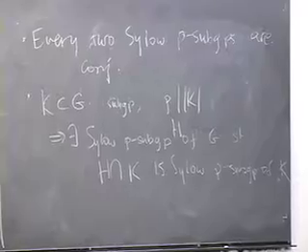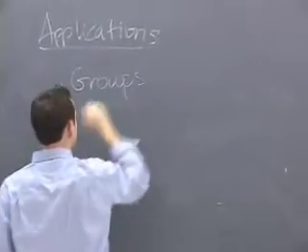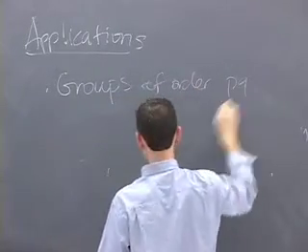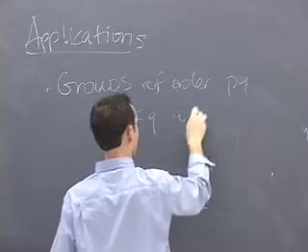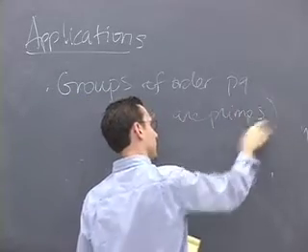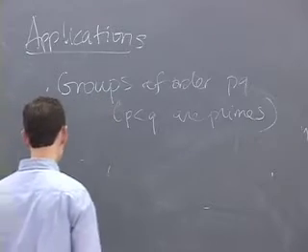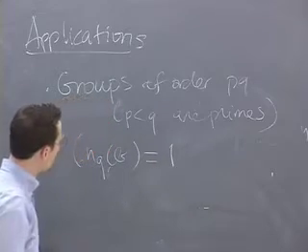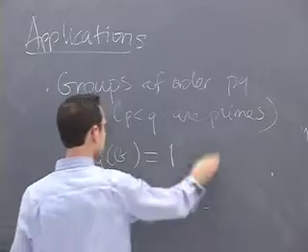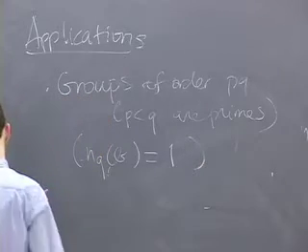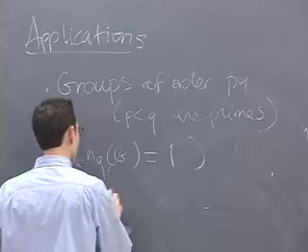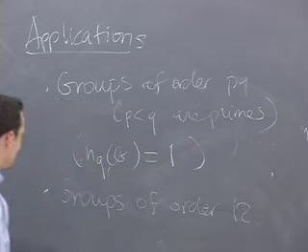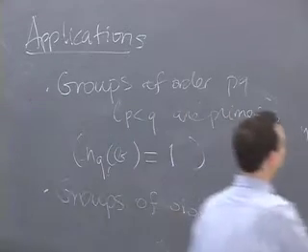One of the first applications we saw was to groups of order pq, where p less than q are primes. You should definitely know this. So we know, for instance, that the number of Sylow q subgroups is 1. We also took a brief look at groups of order 12. That seems like an awful lot to put on a midterm. Okay.